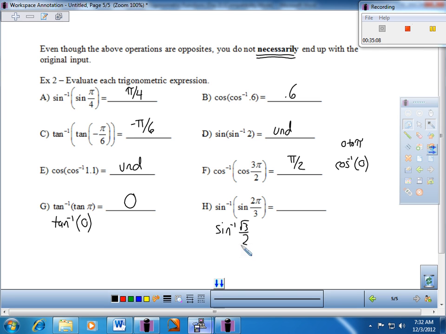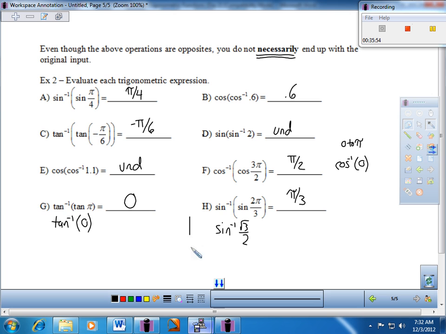So now I think back to yesterday, and I think about from negative pi over 2 up to pi over 2, there is an angle measure with this sine ratio. And what is that angle measure, of course? I guarantee you it's on yesterday's notes worksheet, and you should be able to pull this off as pi over 3. And think about this. These two angles have the same sine ratio. This one is in the interval we want. This one is not in the interval we want. And so that's why this is our answer.